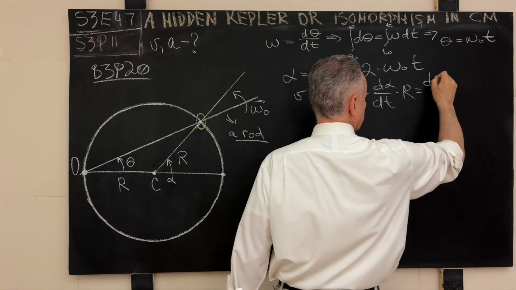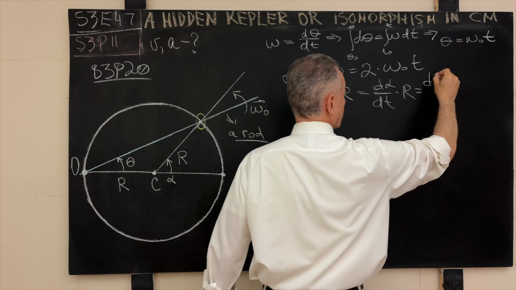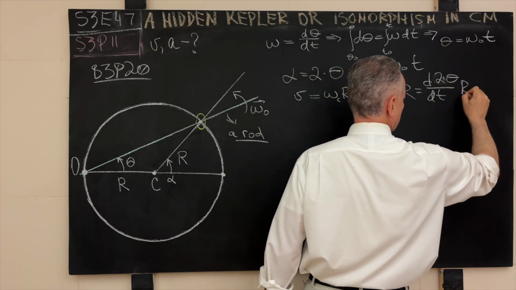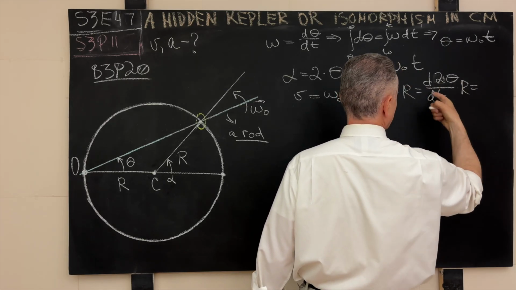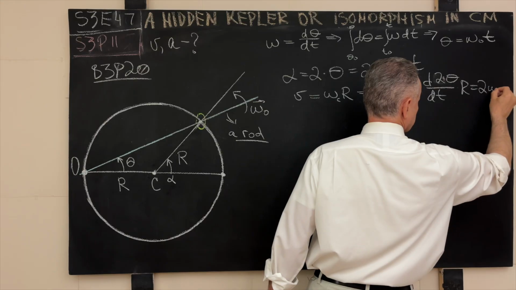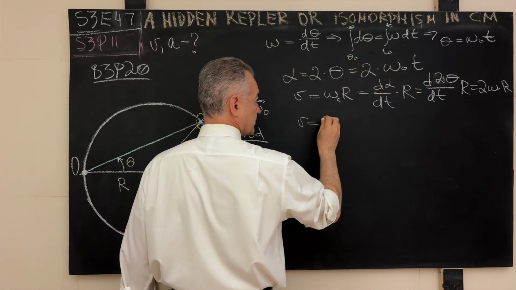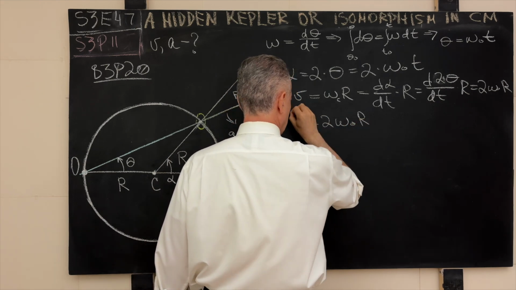This will be d of twice theta over dt times r, and we differentiate 2 omega 0 t over time, we get twice omega 0 r. So we feel good about ourselves. The velocity of the ring will be 2 omega 0 r.